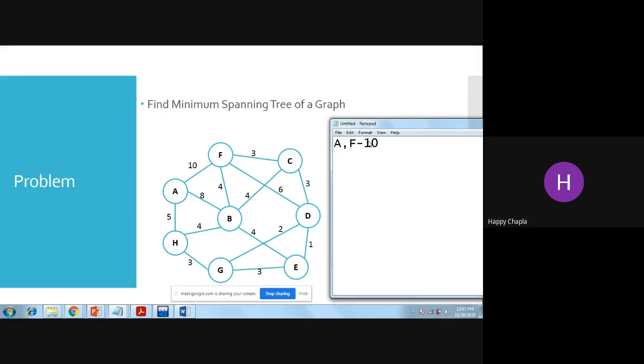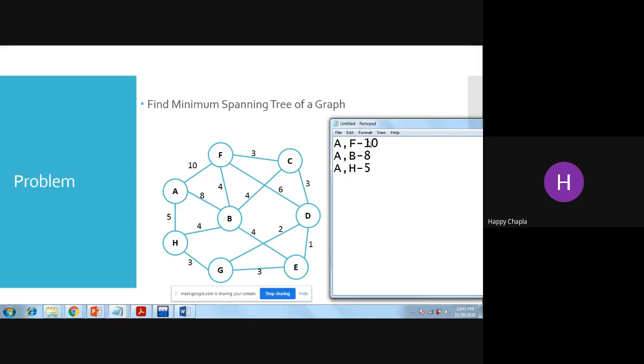Now, if I'm taking the path from A comma B, it will take a cost like 8. Now A comma H can cost 5. Now A, F, B, and H I have visited.